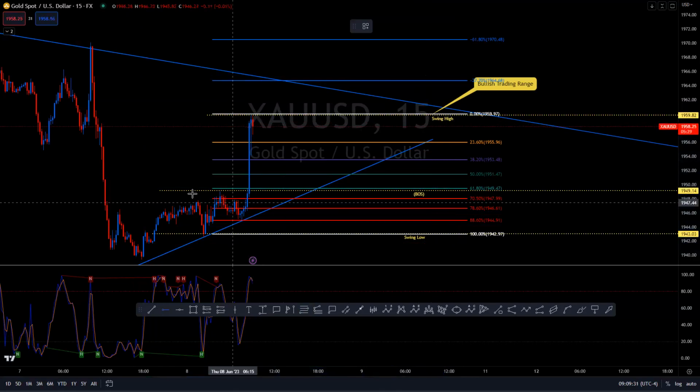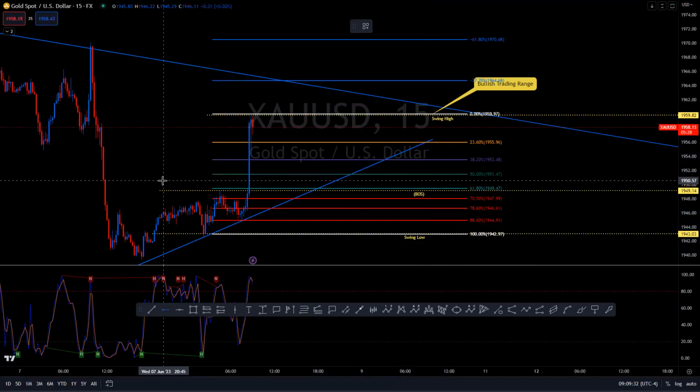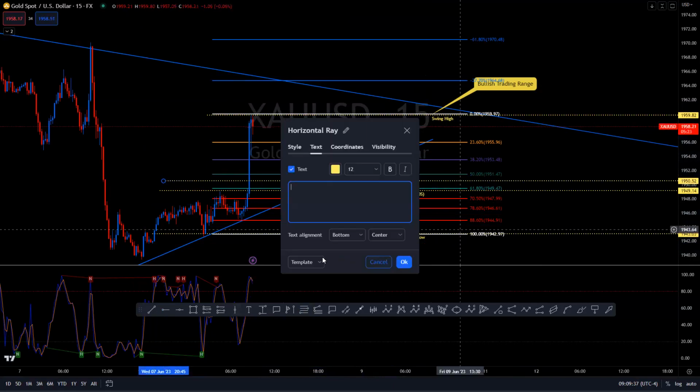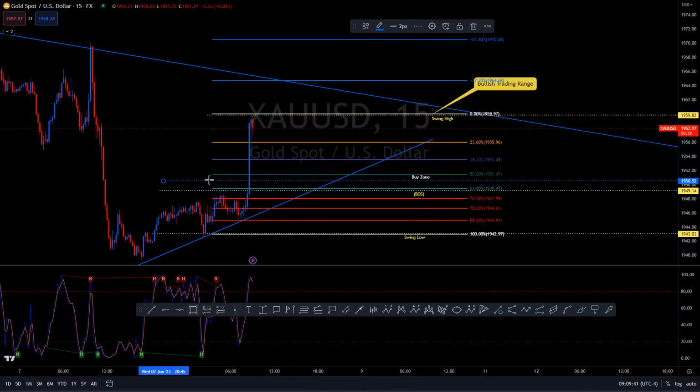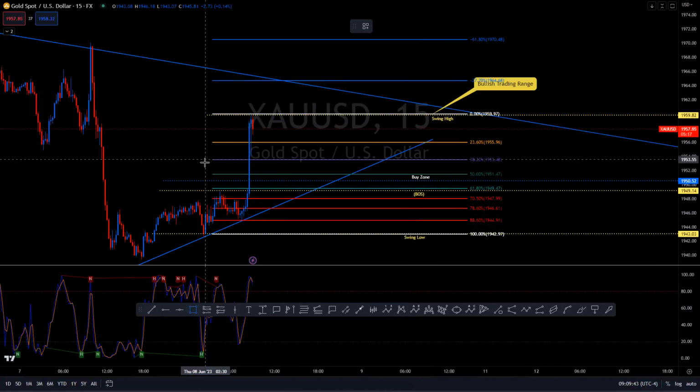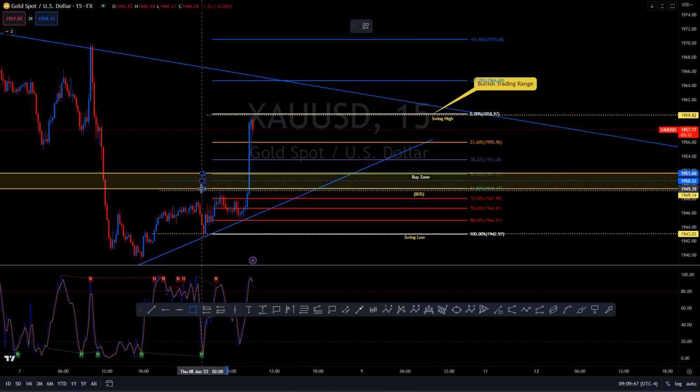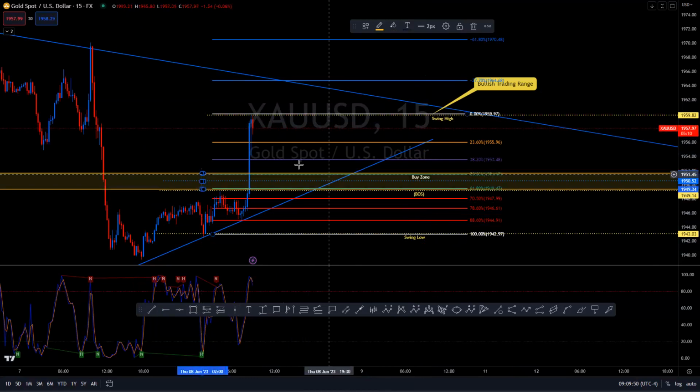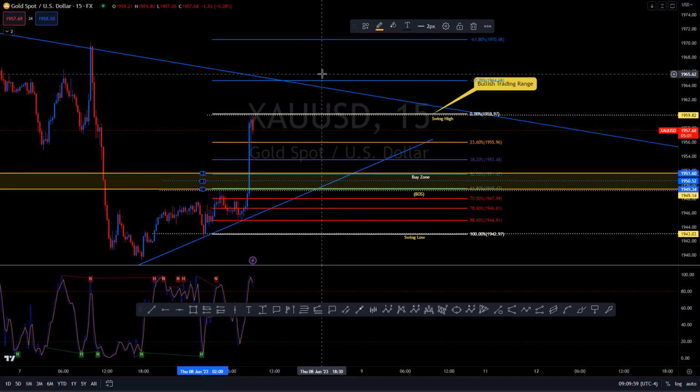So what could happen is that price could easily come down to this area, and we're going to call this a buy zone. It could come down to this structure here, anywhere from the 50% to the 61.80, maybe the 38.20, and buy back in this area and then shoot up.